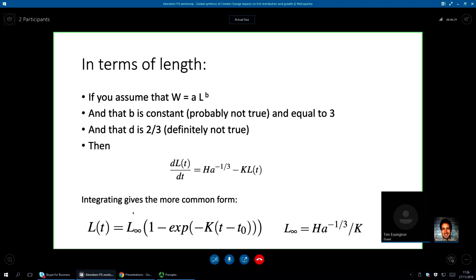So it makes assumptions that overall energetic costs scale linearly with body size. It makes a big assumption that anabolism scales with body size to the 2/3 power. And it presumes that weight scales with length to the power of 3, and that scaling doesn't change depending how growth is actually happening. So that was actually the one main reason I wanted to talk about that.